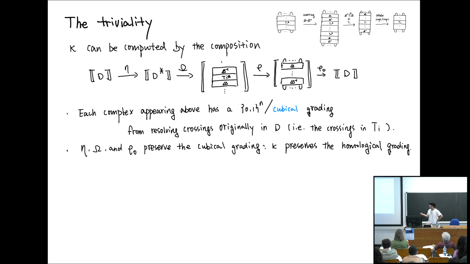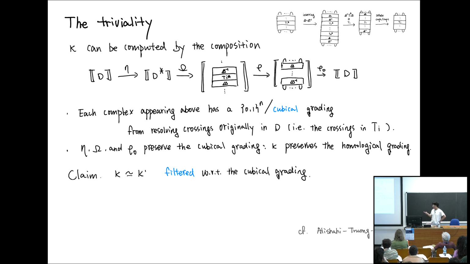The only thing we know about the composition of the whole map is that this kappa map preserves the homological grading. But from the local picture we just discussed, we can actually perturb the rho map such that it is filtered with respect to this 0, 1 grading. Globally speaking, the kappa map can be perturbed to another map kappa prime, which is filtered under this cubical grading.